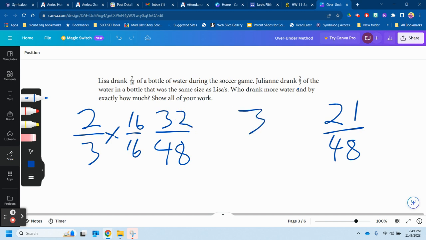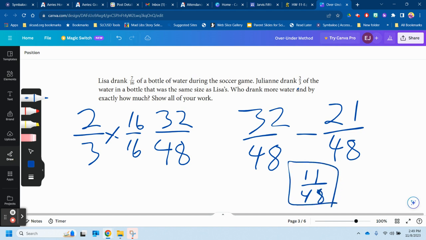So 32/48. What's the difference? Minus 21, and I get 11/48. Ouch. Okay, these are doozies.